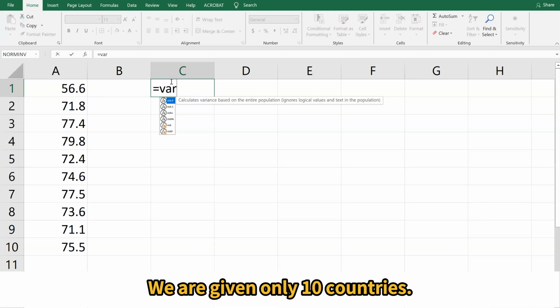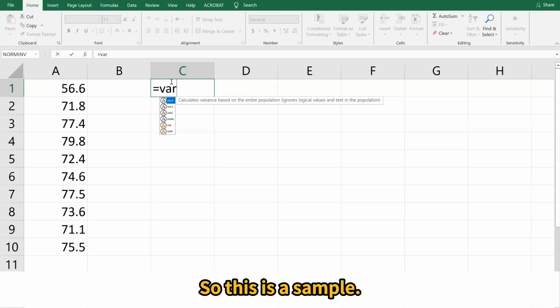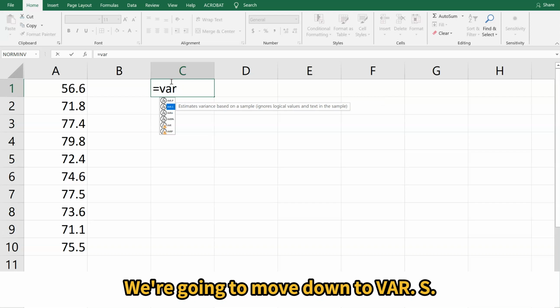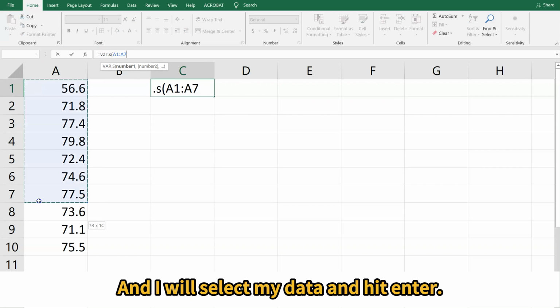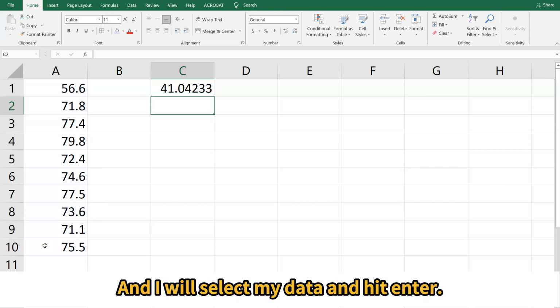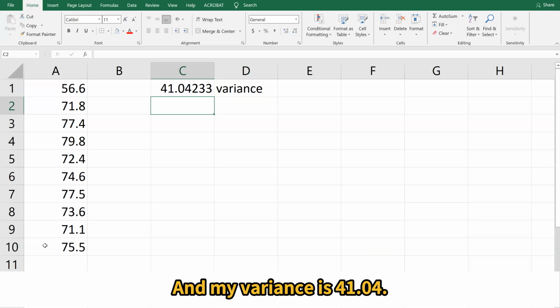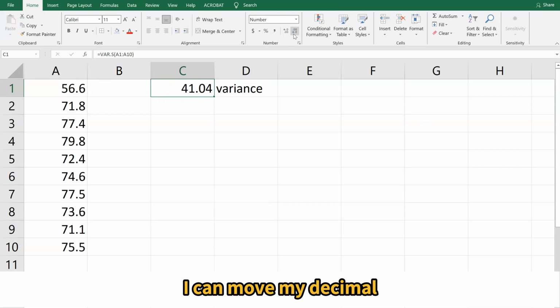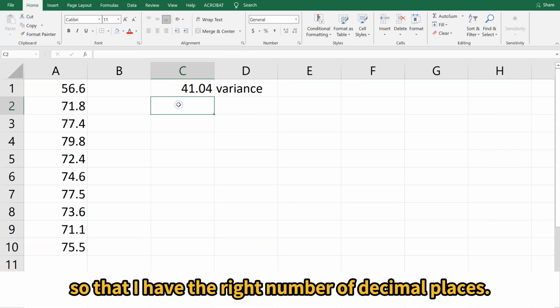We are given only 10 countries, so this is a sample. We're going to move down to var.s. And I will select my data and hit enter. And my variance is 41.04. I can move my decimal so that I have the right number of decimal places.